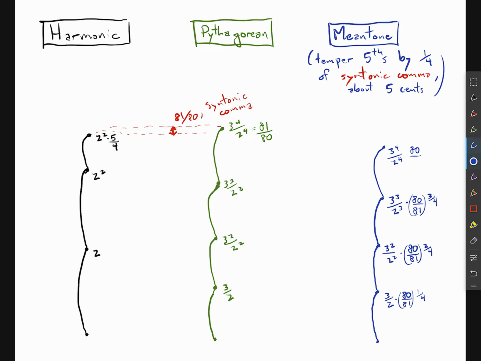Then stacking 4 of these will give a ratio of 5/4, or extremely close to it. This method of tuning was called mean tone temperament, and it rose to prominence in Western music in the 16th century. Remember how the threshold of differentiation of pitch for most people seems to be around 5 cents? Mean tone temperament compromises the fifths by about 5 cents for the benefit of the thirds.